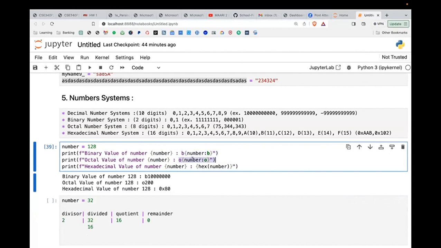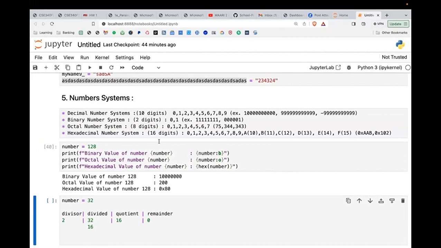The problem comes when you print that value in hexadecimal format. The print statement doesn't allow it directly, so we need to use the hex function, which takes our decimal value and converts it into the hexadecimal value. These three number systems are correlated, but still I will ask you to learn them.